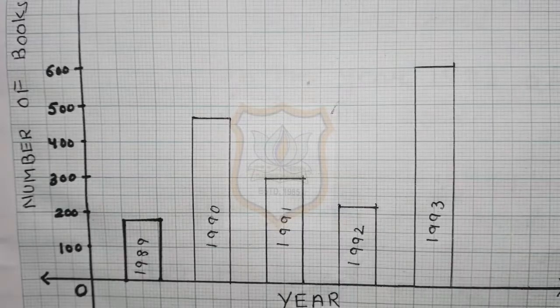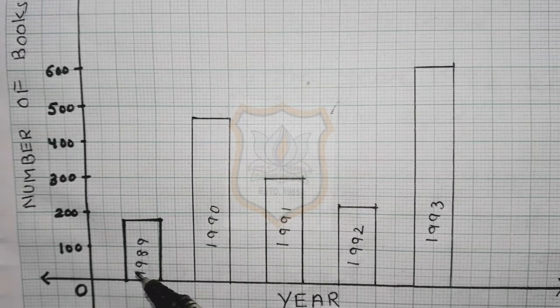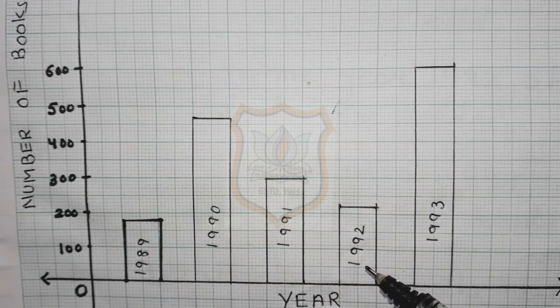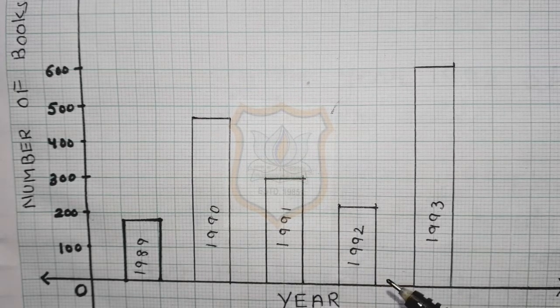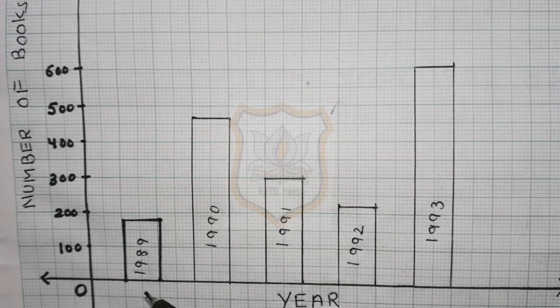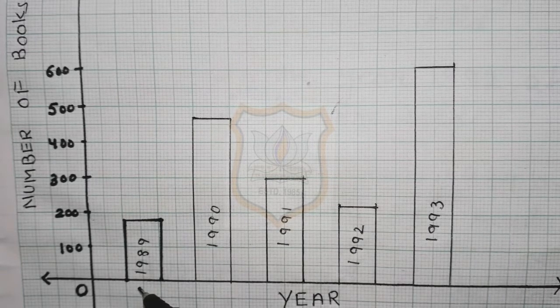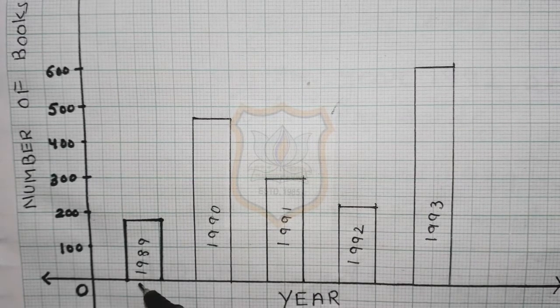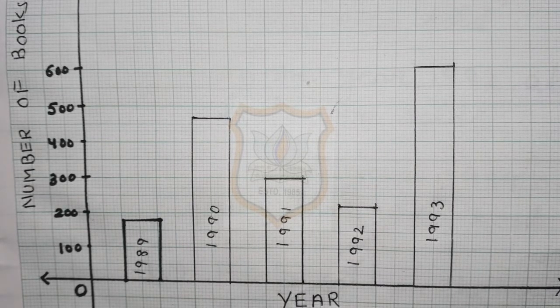So students, by looking at the graph, we can say that in 1989 and in 1992, fewer than 250 books were sold, because in 1989, as we have calculated, 180 books were sold, and in 1992, 230 books were sold.